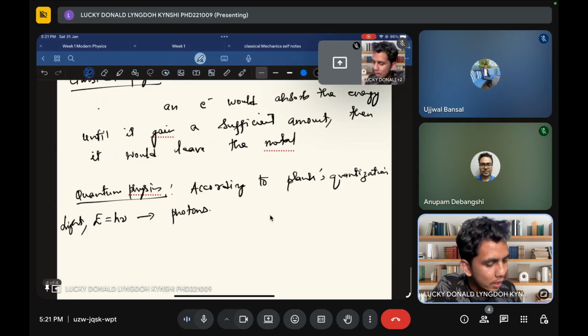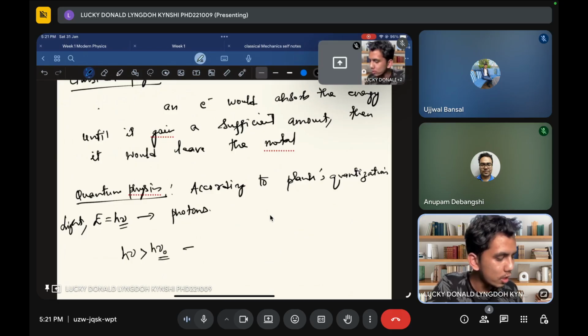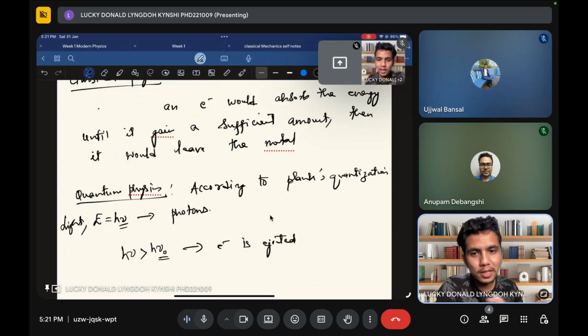Now what happens if h mu is greater than h mu naught, which is the threshold frequency? Automatically your electrons will be ejected. It does not depend on time, where it requires a sufficient amount of time for the electrons to be ejected. No, as soon as h mu is greater than h mu naught, electrons will be ejected.